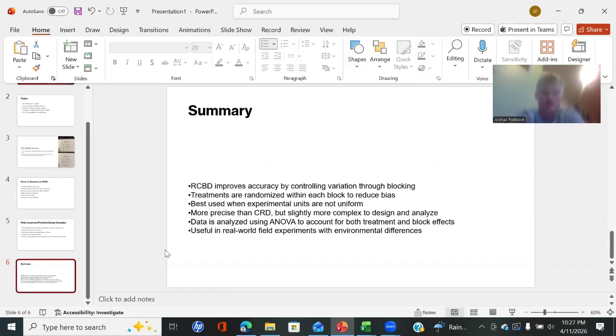It's more precise than a CRD, but it's slightly more complex to design and to analyze. Data is analyzed using ANOVA to account for both treatment and block effects. It's useful in real world field experiments with different environmental factors.